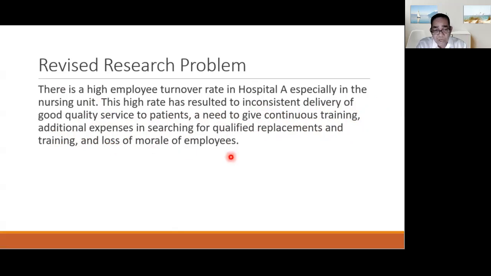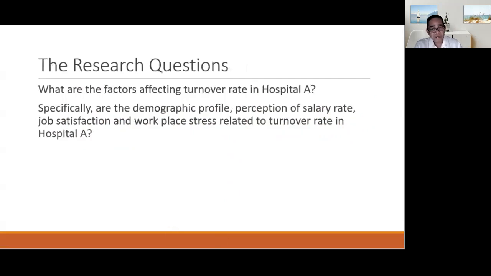These are now specific, clear statements of the problem. And so, because she was able to state the problem specifically and clearly, she was able to make a good research question.